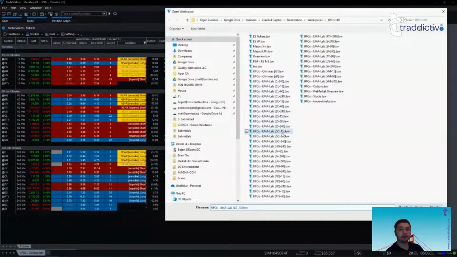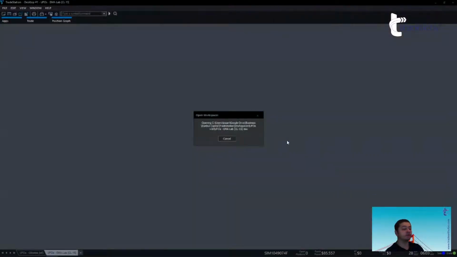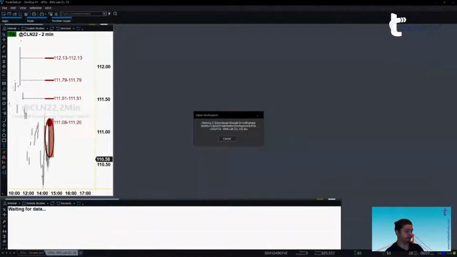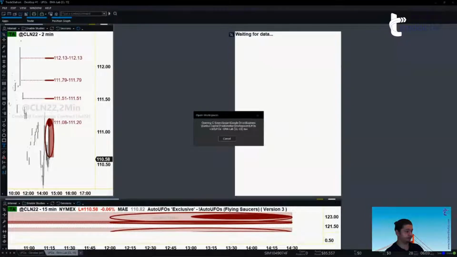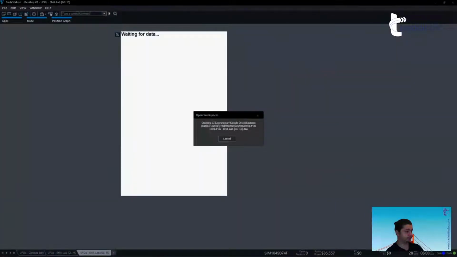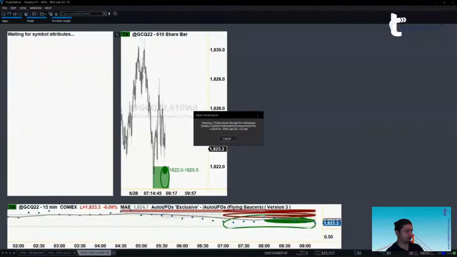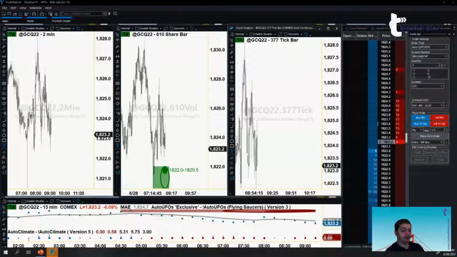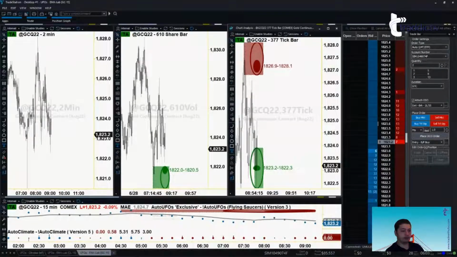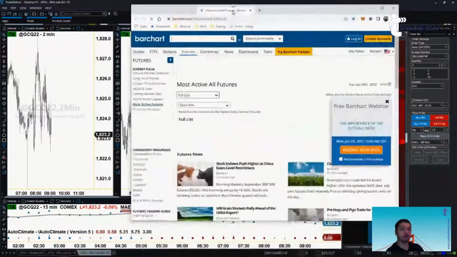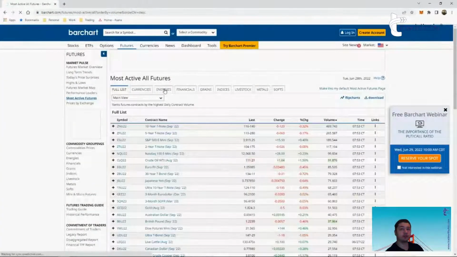So we have gold on the 15 and crude oil on the 15. As a rule of thumb, it's always a good idea to double check to make sure you are trading the front month contracts for all of these.